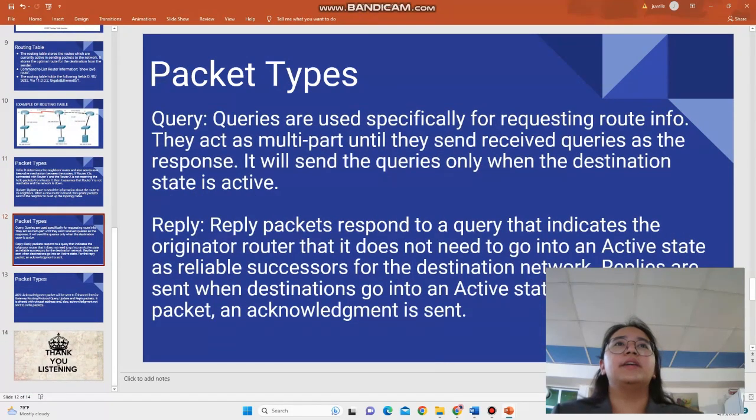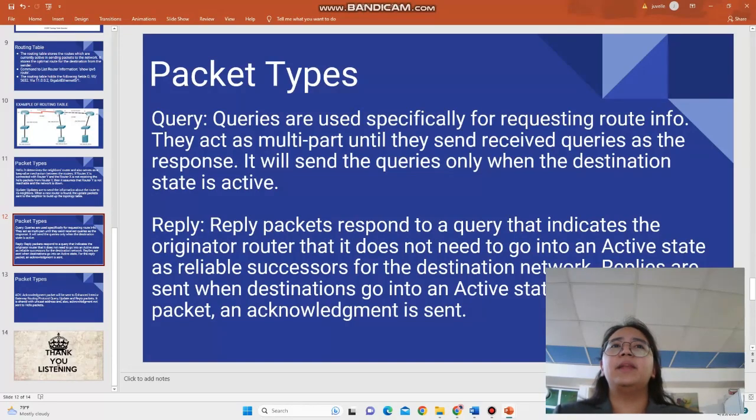And then queries are used specifically for requesting route info. They act as multicast until they receive replies as the response. It will send the queries only when the destination state is active.